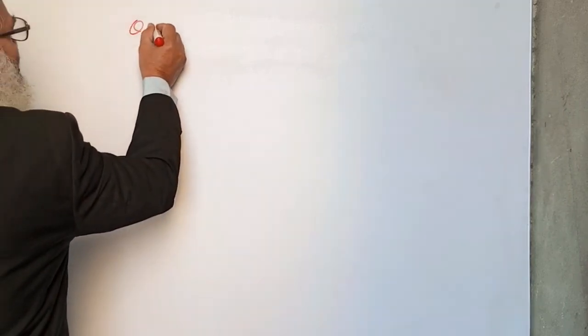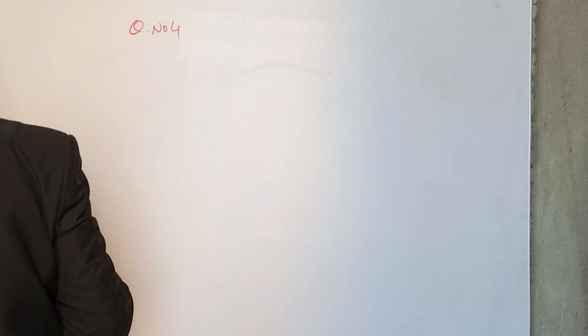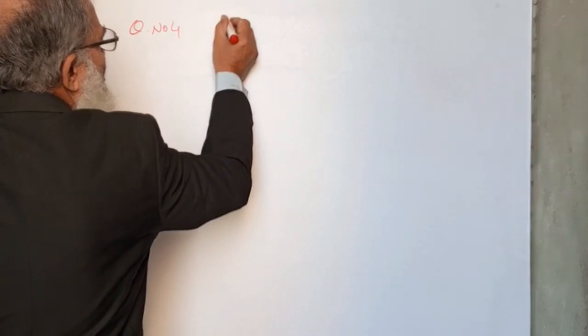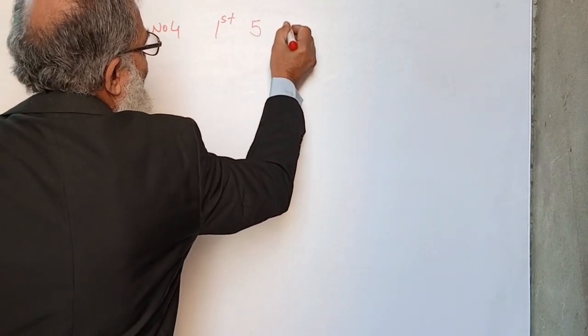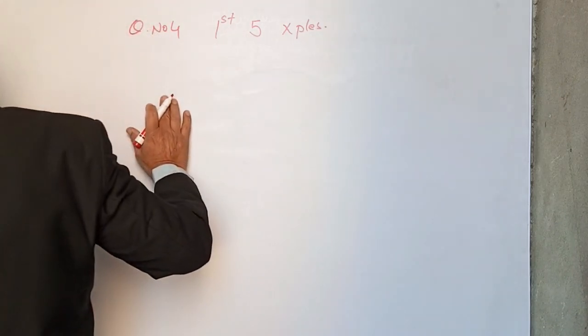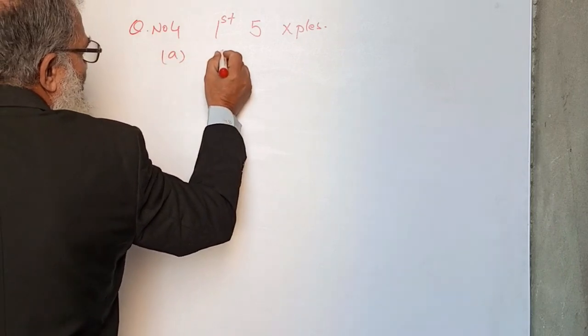Question number 4. List the first 5 multiples of. Now, first 5 multiples. Part A is 12.